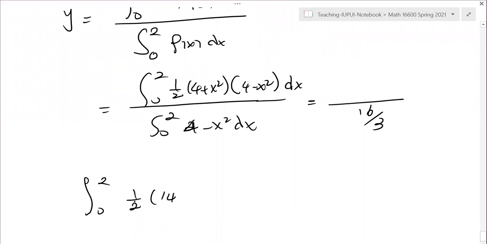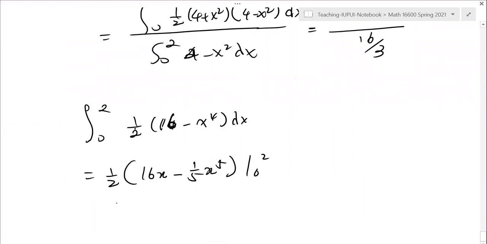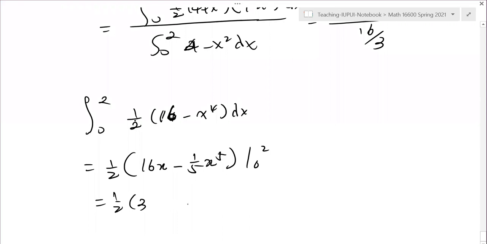It's 4 squared minus x to the 4th power. So I have 16x minus 1/5 x to the 5th. So I get 32 minus 32 over 5, right? 2 to the 5th is 32, the first is 16, yes.